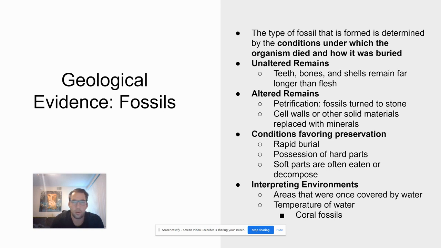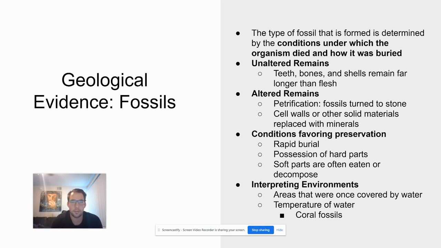Other geological evidence are fossils. So we have unaltered remains, where teeth, bone, and hard parts of an animal make good fossils. Altered remains, petrification: the cell wall breaks down, and then solid materials replace the soft tissue, creating minerals.